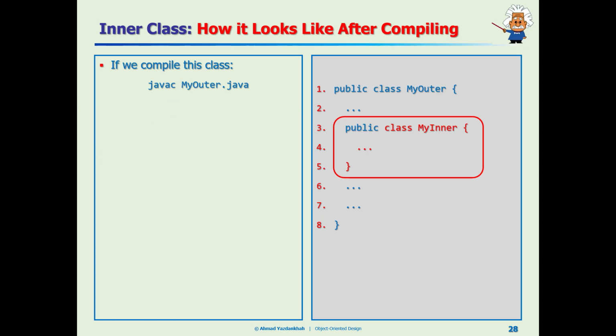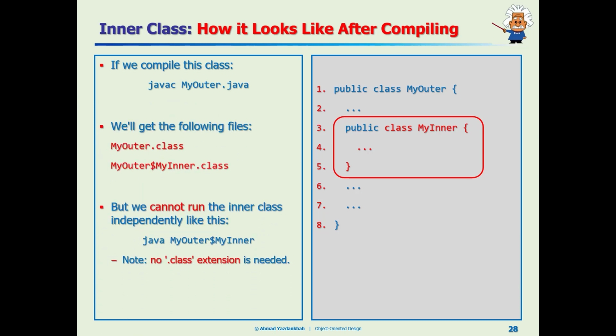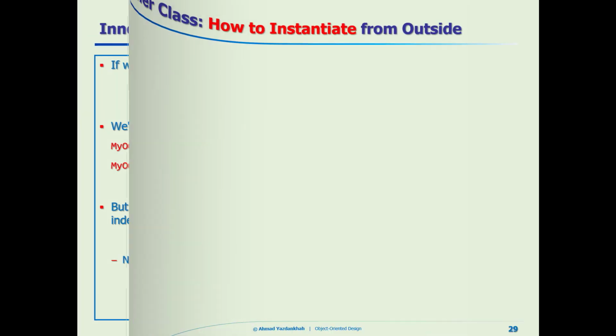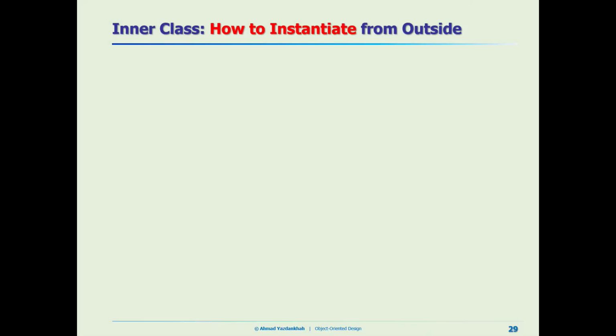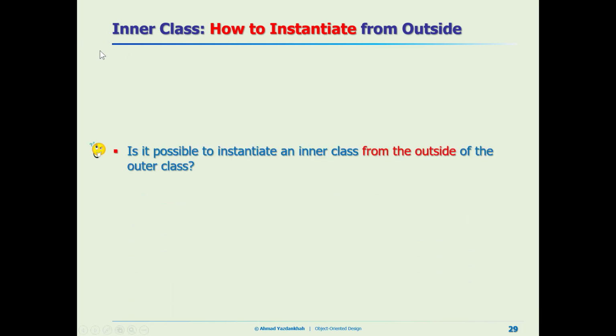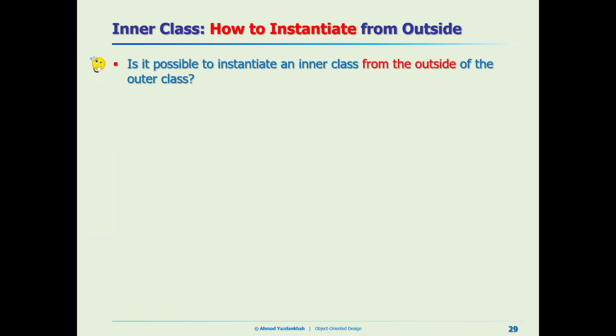Yeah, exactly the same thing that I just explained, and here all of these are for your reference. Okay, now the question is, how can we instantiate an inner class from outside? Outside of what?